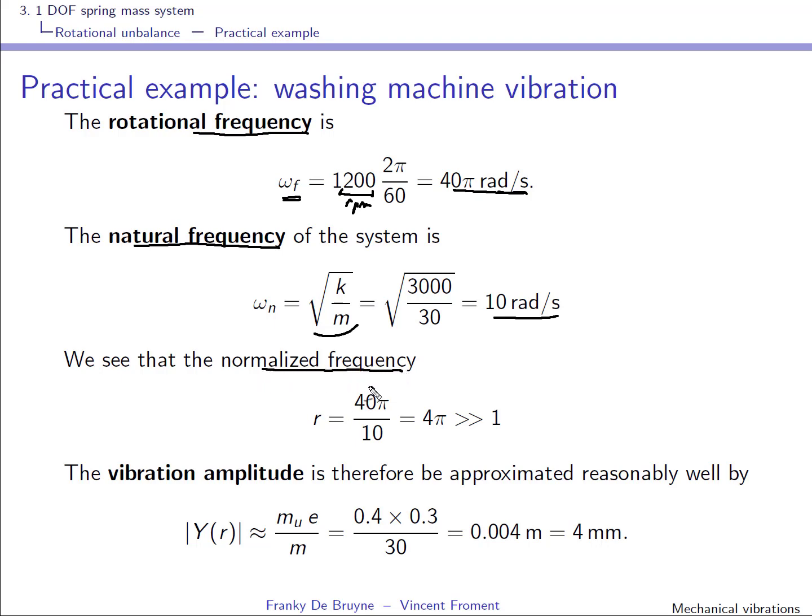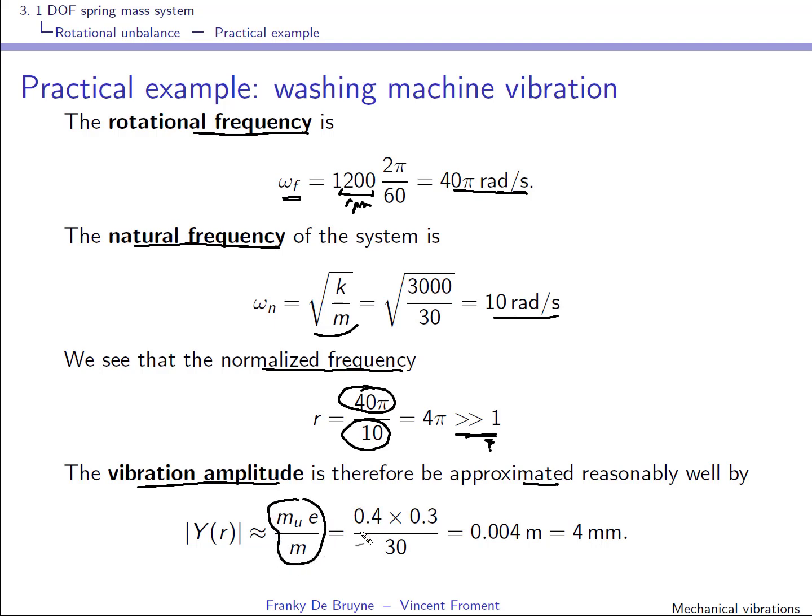and the normalized frequency is the ratio of the forcing frequency divided by the natural frequency, and we obtain here something that is a lot larger than 1, so we know that the magnitude of the vibration amplitude can be approximated reasonably well by this quantity here.